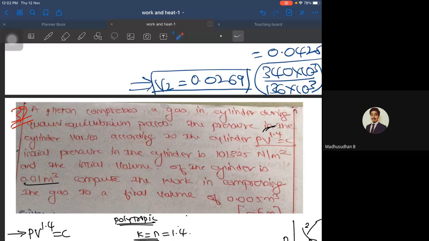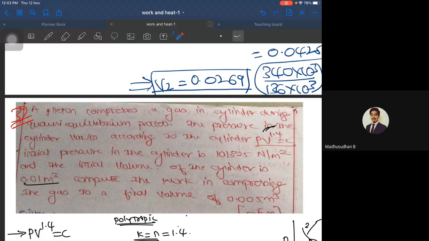A piston compresses a gas, so this is the reverse of the previous one. A piston compresses a gas in a cylinder during a quasi-equilibrium process. The pressure in the cylinder varies according to PV to the power of 1 by 4 is equal to constant. So this is the gas compression equation. Initial pressure in the cylinder is so much, and the initial volume of the cylinder is so much.